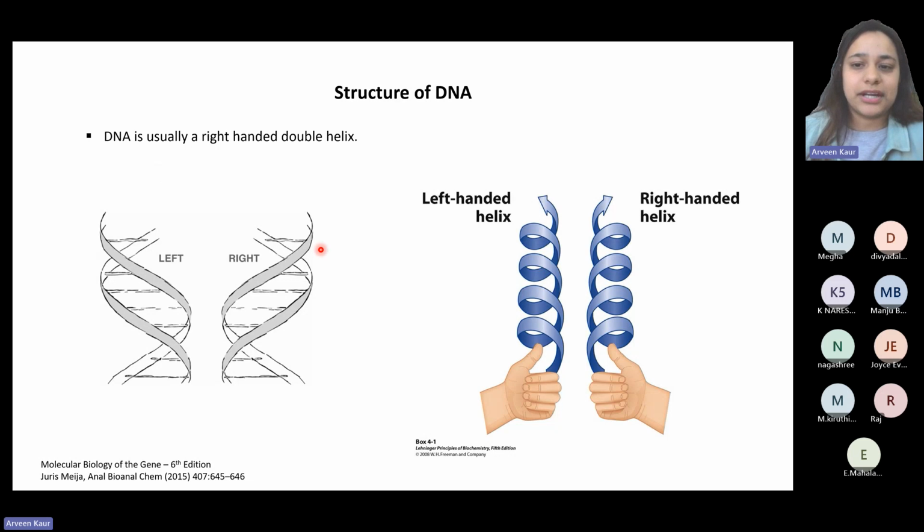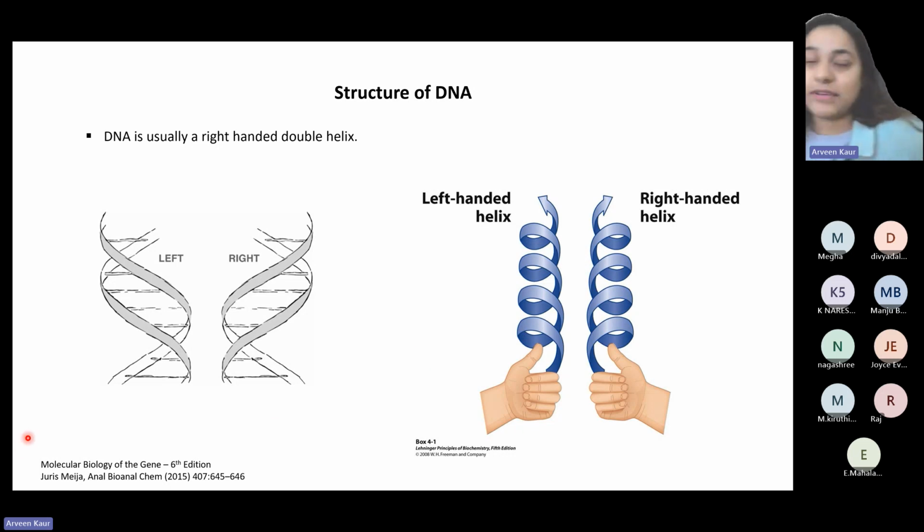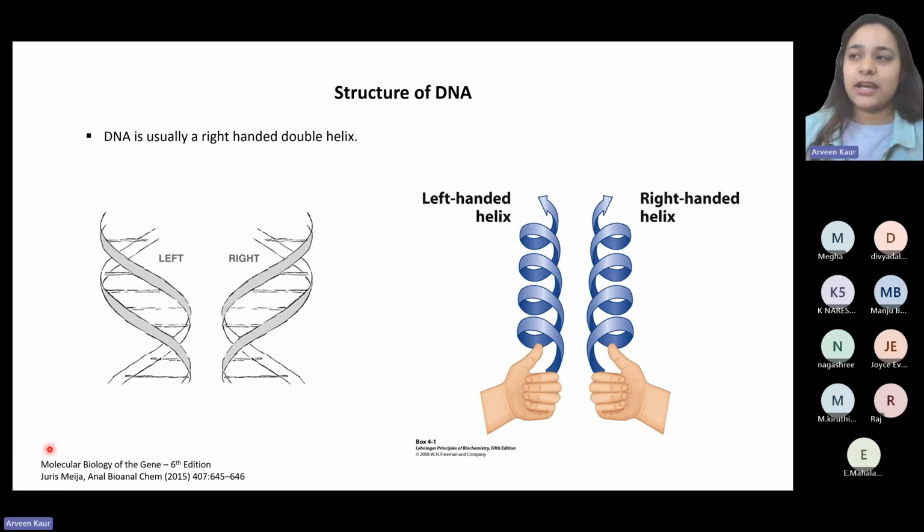So before we talk about that, we'll talk about what this right-handedness and left-handedness is. If you remember, when we used to study physics and electromagnetic force, we used to have this finger rule, where one finger is force, one is magnetism, and so on.